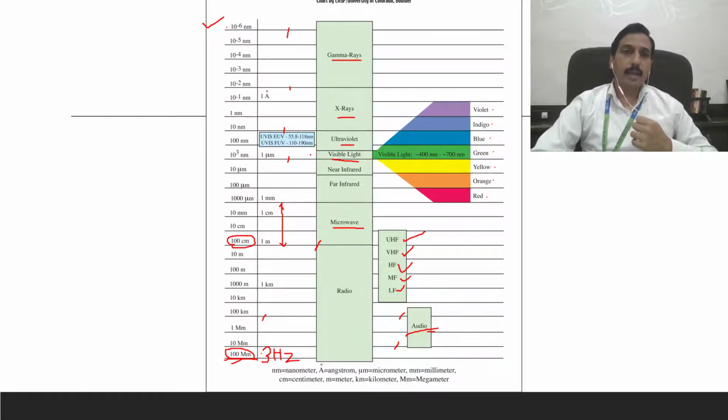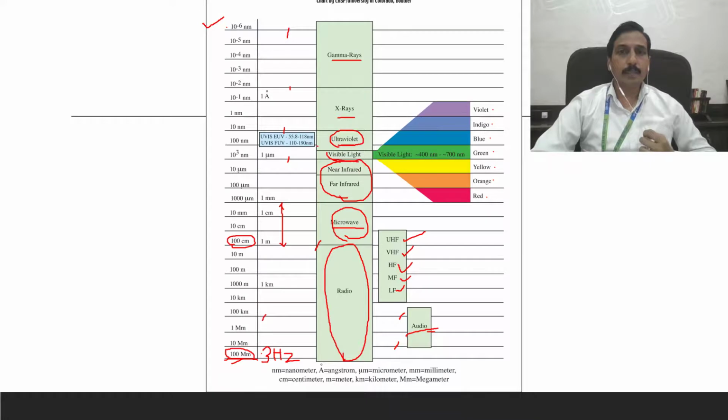So each and every frequency or each and every wavelength has its own applications. For example, this particular band is only for broadcasting of radio signals like Radio Mirchi. This is for microwave ovens. This is for optical fiber communication, ultraviolet. This is for optical fiber communication. Near infrared, far infrared is for point to point communication.